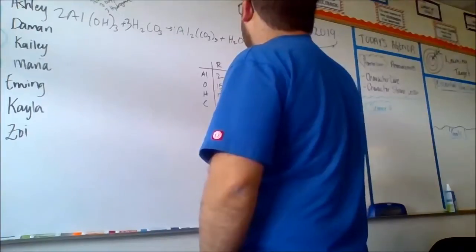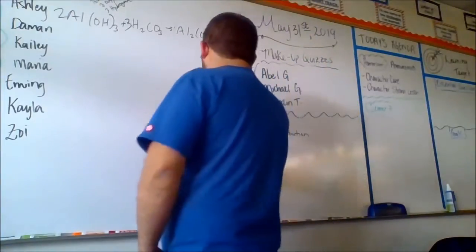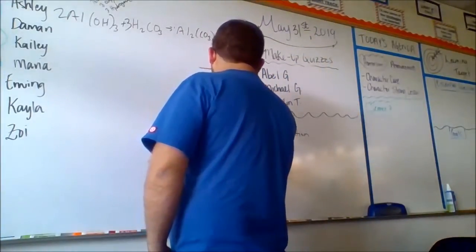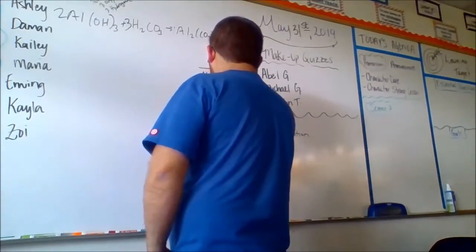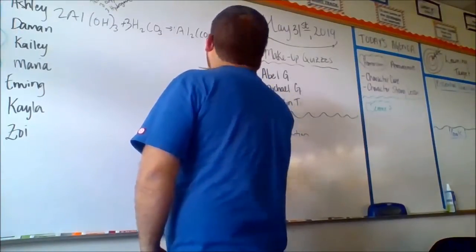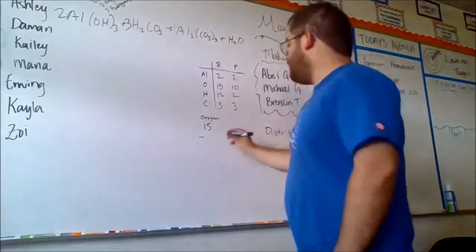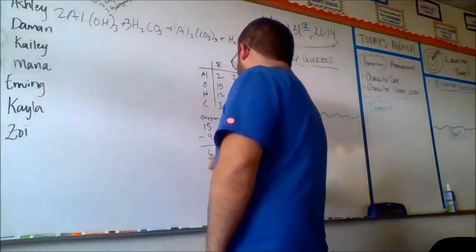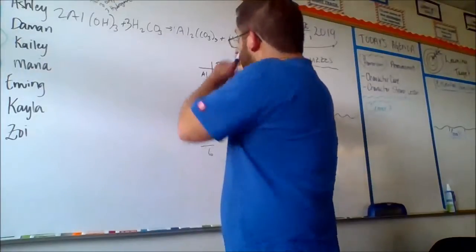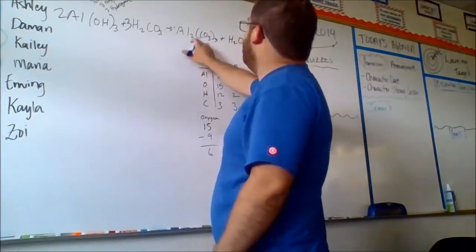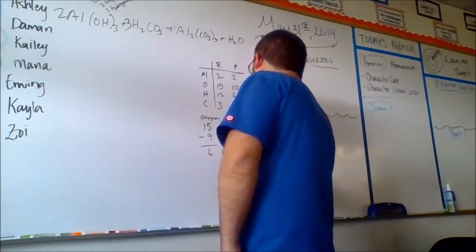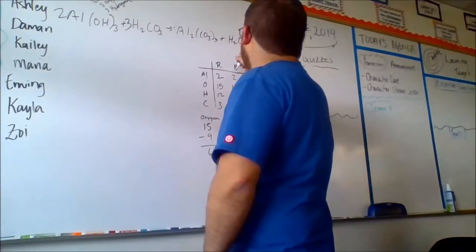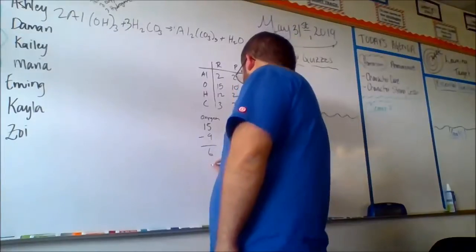So we need 15 oxygens. Okay, and right here, 3 times 3, that's 9 oxygens. So that means that we need to get 6 oxygens from this guy right here. Okay, we don't want to touch this one because that'll mess up these two. Okay, and we need 12 from this one. Yeah, so this one.